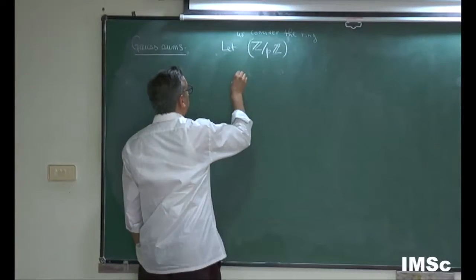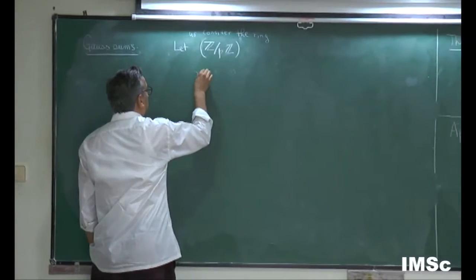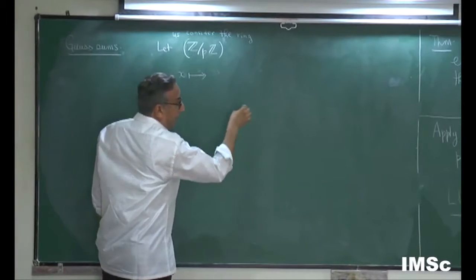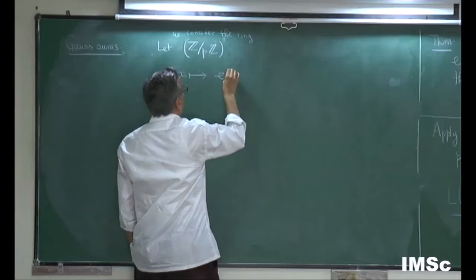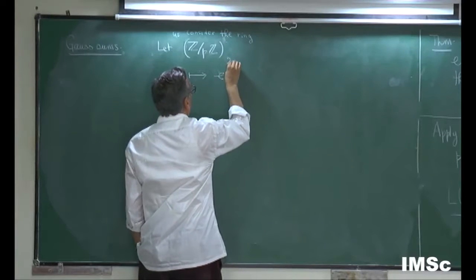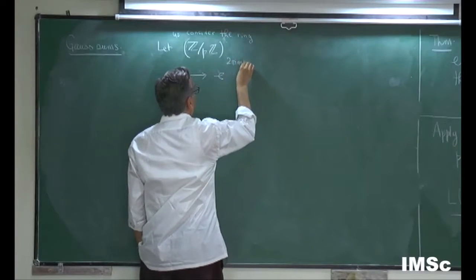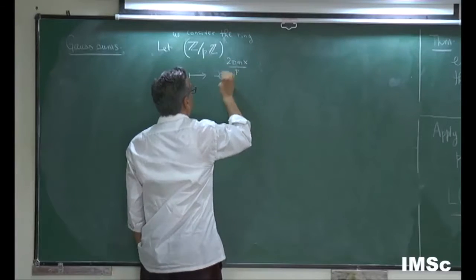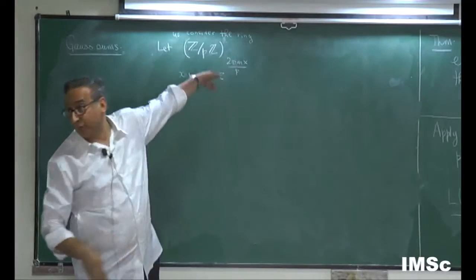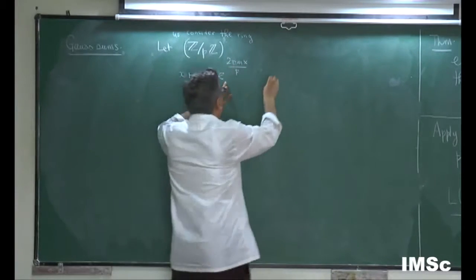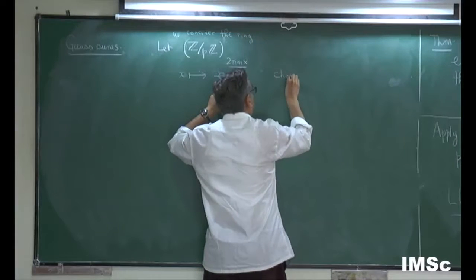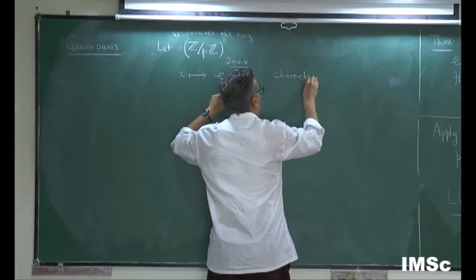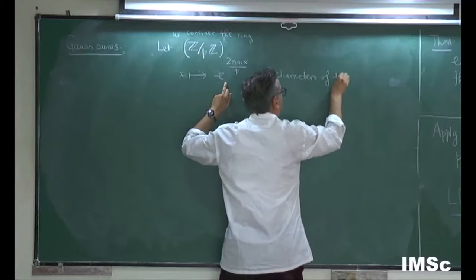And you know that the characters, as I mentioned, are e to the 2 pi i mx over p. So these are the characters of the additive group.